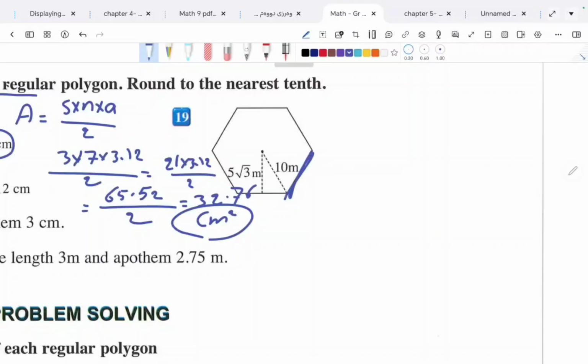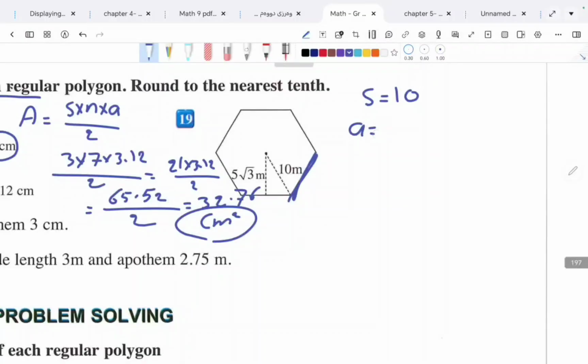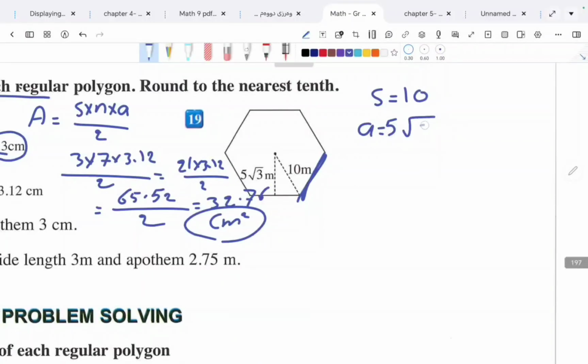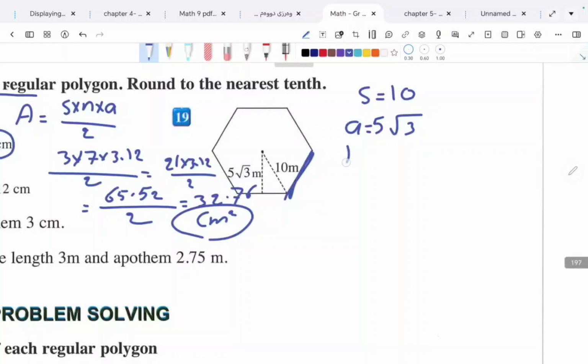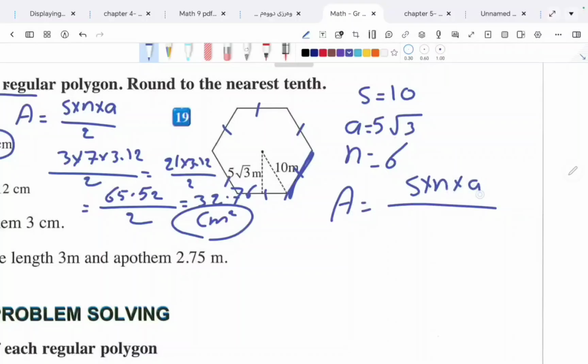S equals what? S equals 10. Side length. Apothem equals what? 5 square root of 3. N equals what? 1, 2, 3, 4, 5, 6. So n equals 6. Multiply them. S times n times a out of 2. Okay.